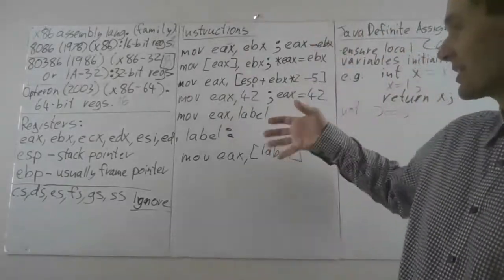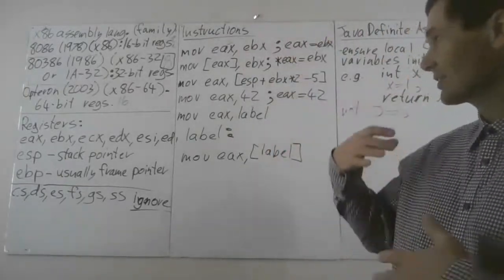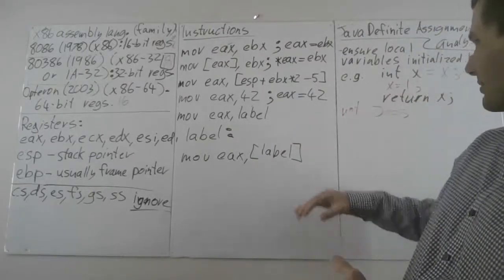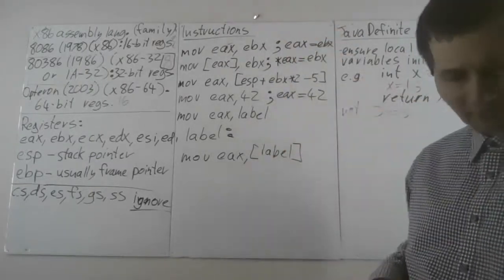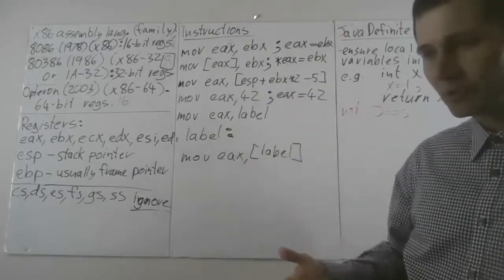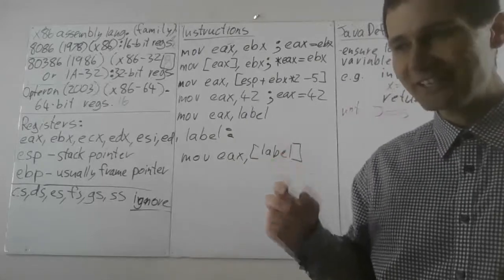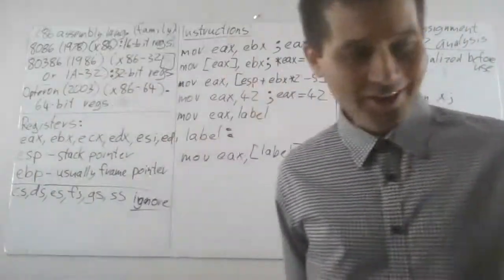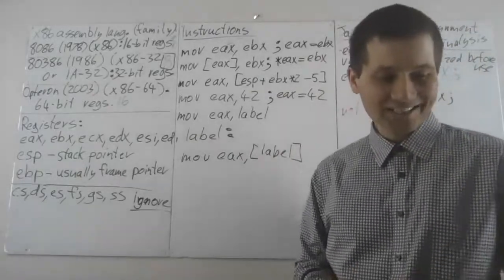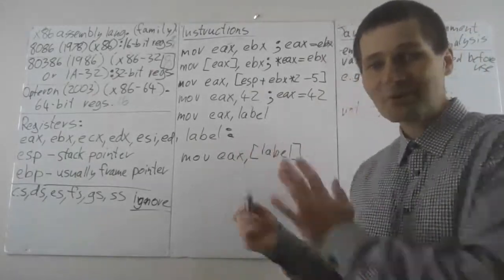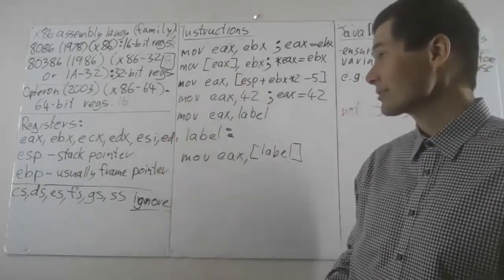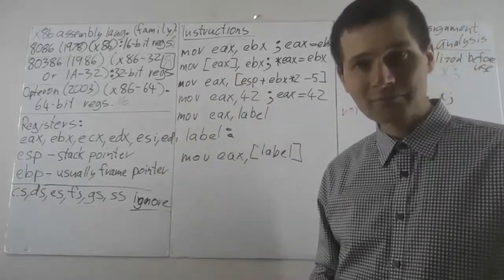So in x86, the move instruction does all of those things. I gave you a whole bunch of examples of the move instruction, and now I want to move away from the move instruction to other instructions. If there are questions about move or any of the introductory stuff, the registers, do ask questions.